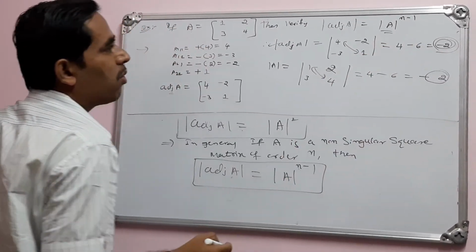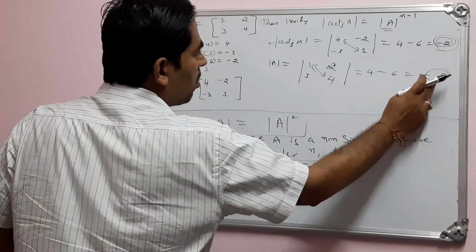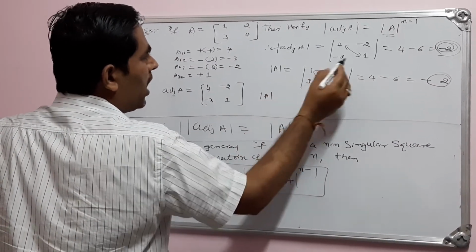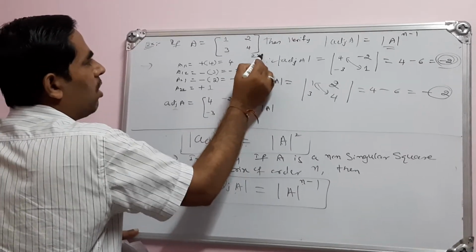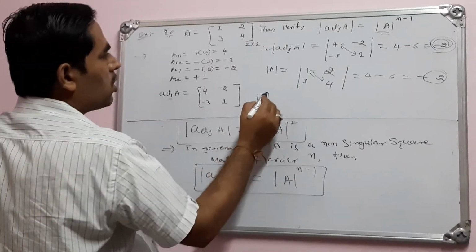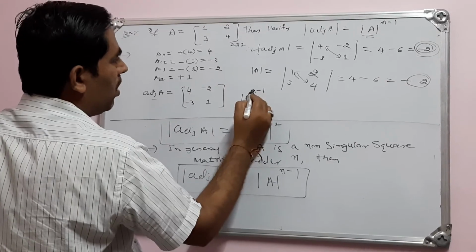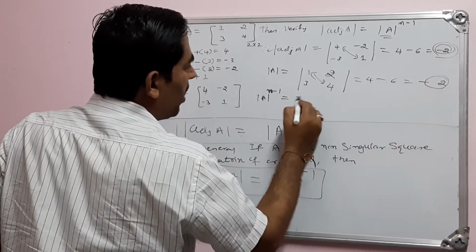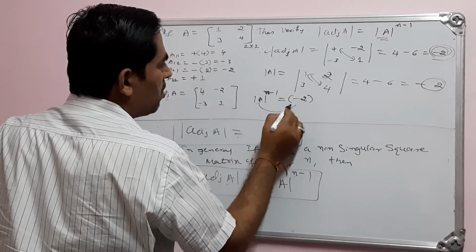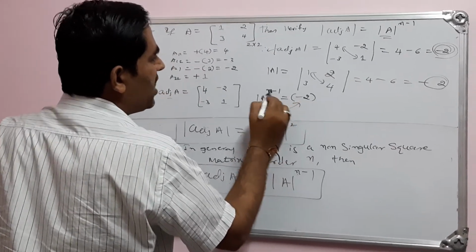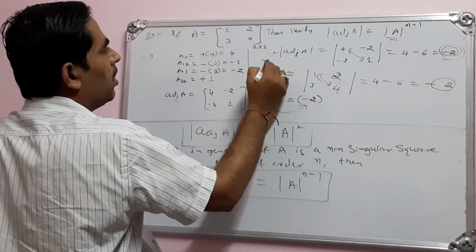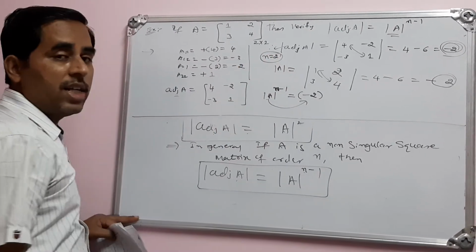Then the determinant of A whole to the power of n minus 1. The determinant of A is equal to minus 2, and this is a matrix of order 2 cross 2, so n is equal to 2.